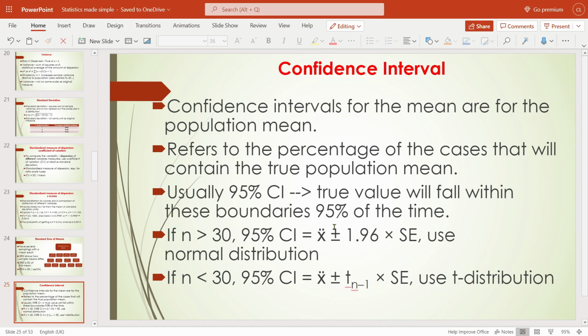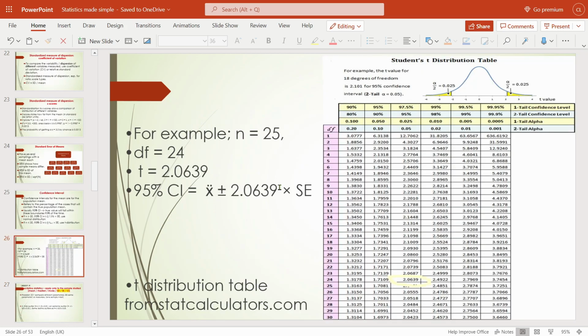So to calculate the 95% confidence interval, if sample count is more than 30, we use normal distribution. If sample count is less than 30, we use the t-distribution according to this formula. For example, if sample count is 25 or n equals 25, then the degree of freedom is n minus 1 or 24.